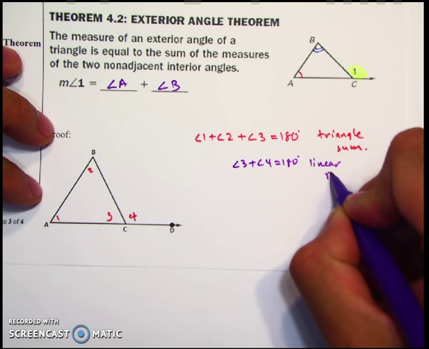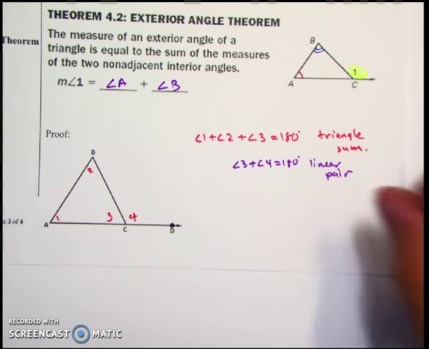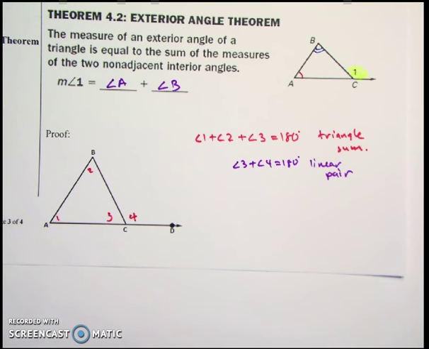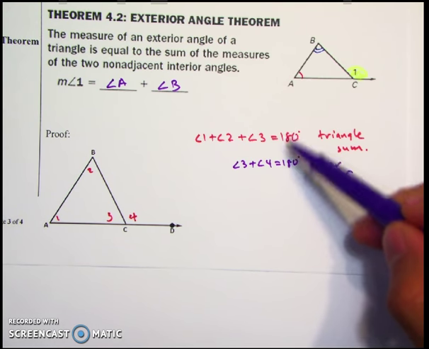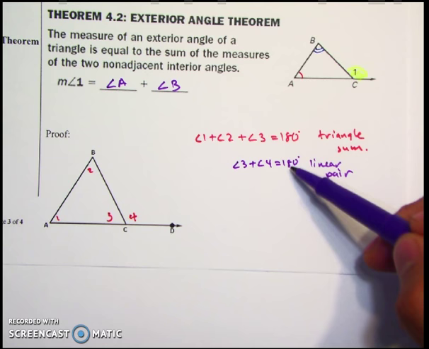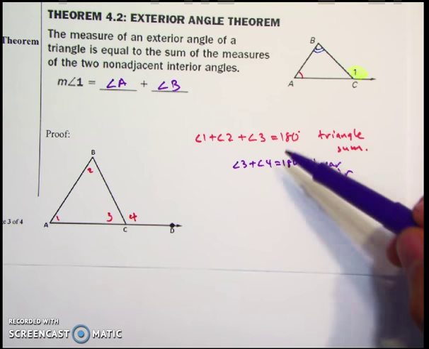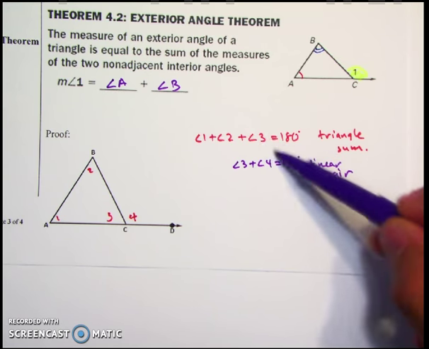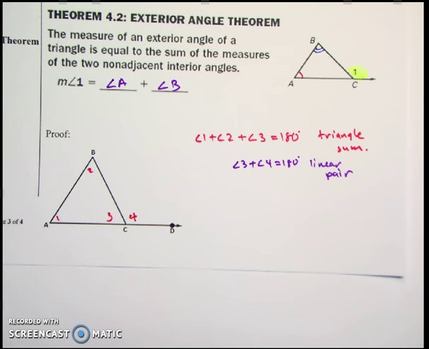Okay? Now look at these two equations. They're both equal 180 degrees. So since they're both equal 180 degrees, we can go ahead and set it equal to each other. So let's take a look and set it equal.